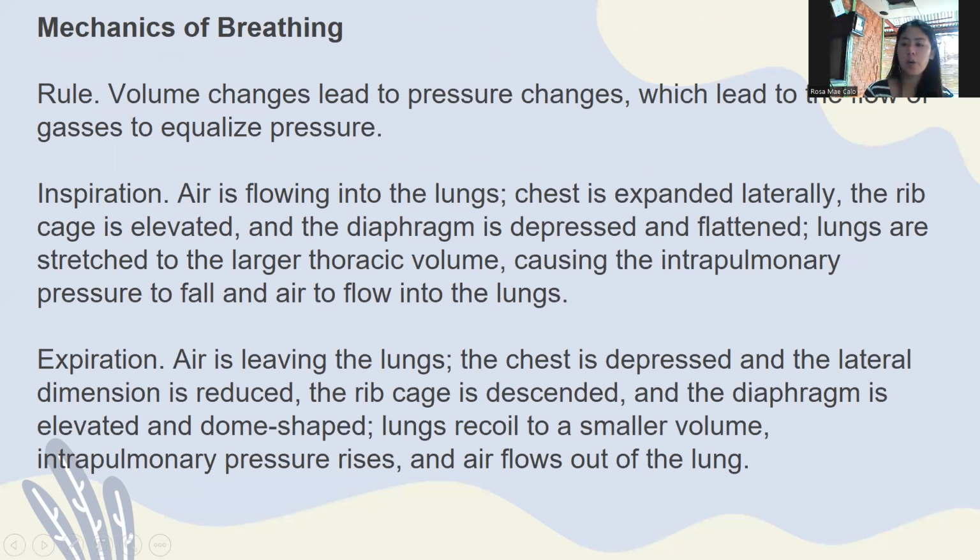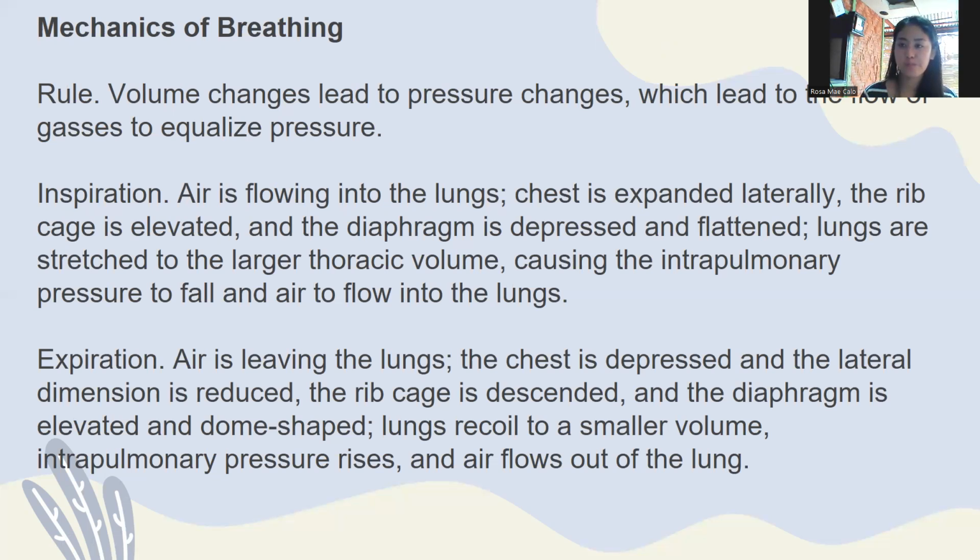In inspiration or inhalation, air flows into the lungs. The chest is expanded laterally, the rib cage is elevated, and the diaphragm is depressed and flattened. Lungs are stretched to the larger thoracic volume, causing the intrapulmonary pressure to fall and air to flow into the lungs.